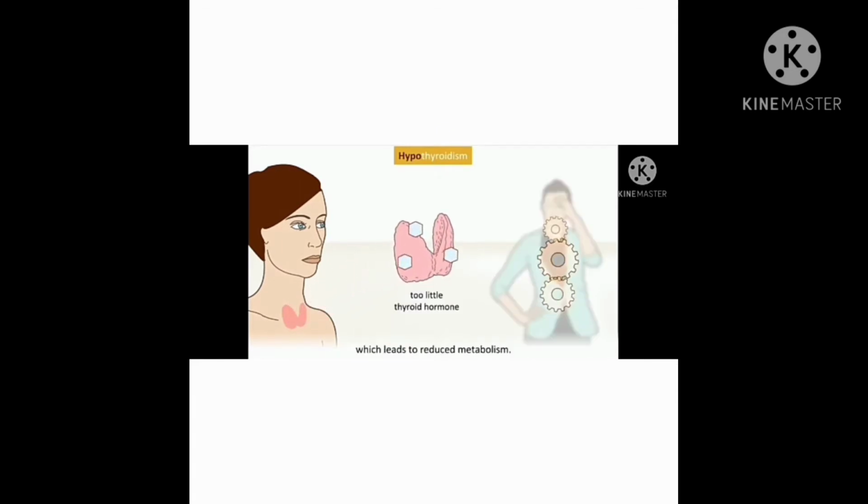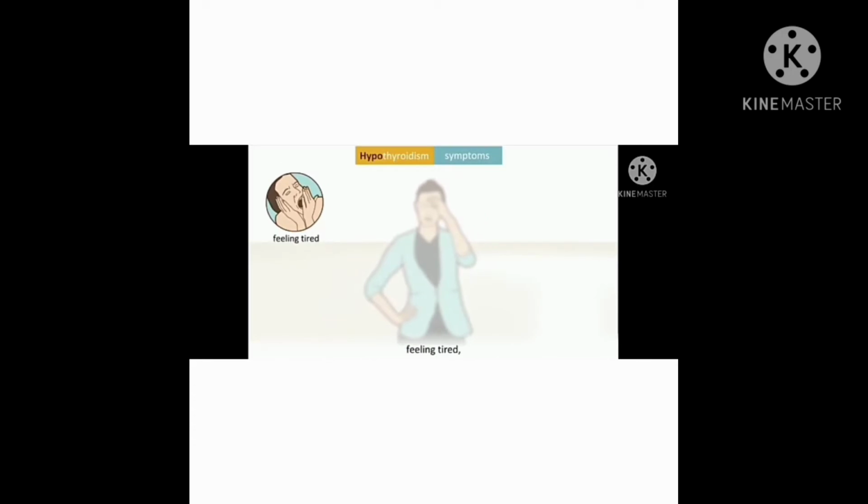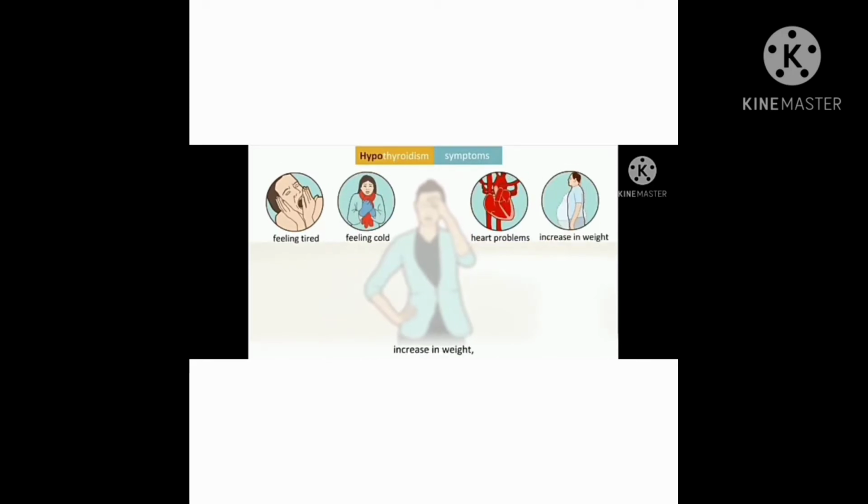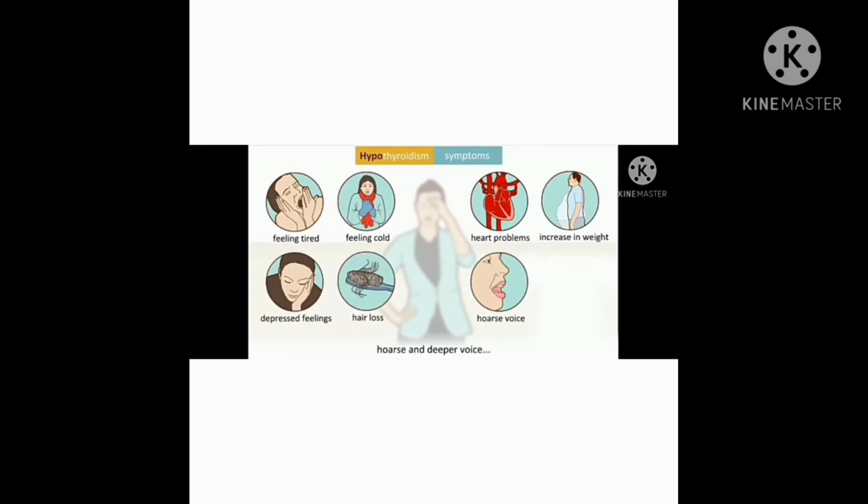Unlike hyperthyroidism, hypothyroidism means that the thyroid gland produces decreased thyroid hormones, which leads to reduced metabolism. Symptoms of hypothyroidism are feeling tired, feeling cold, heart problems, increase in weight, depressed feeling, hair loss, and voice becoming deeper.